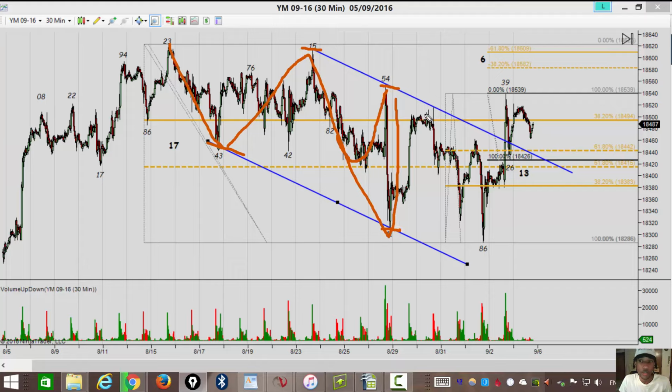It continued, came down here, but it didn't get to the bottom of the channel. And this is typical of when a channel is going to break one way or the other.